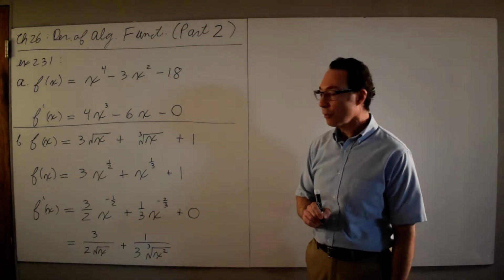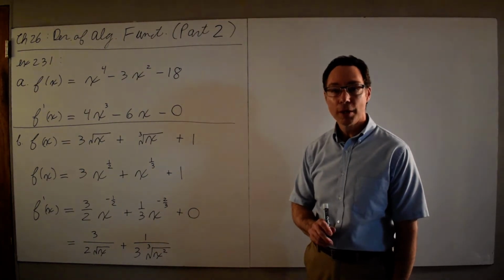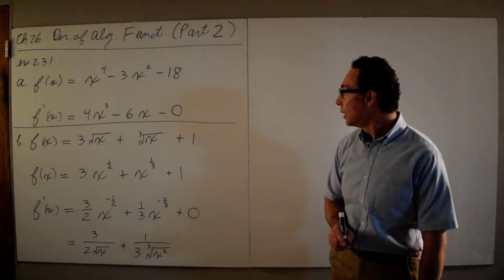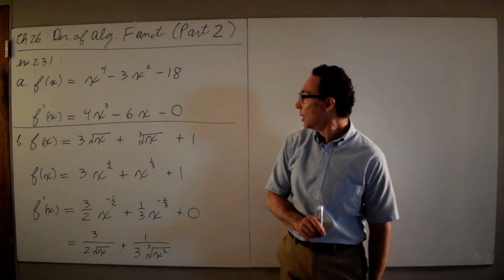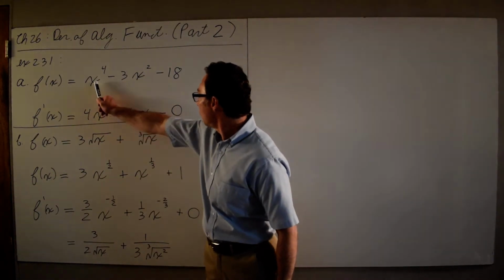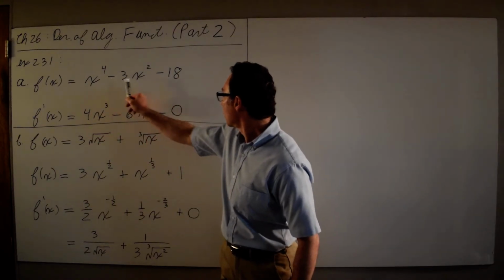We also have our sum and difference rules that tell us the derivative of the sum is the sum of the derivatives, and the derivative of the difference is the difference of the derivatives. So we're going to take the derivative of each term separately and add or subtract depending on what the signs are.